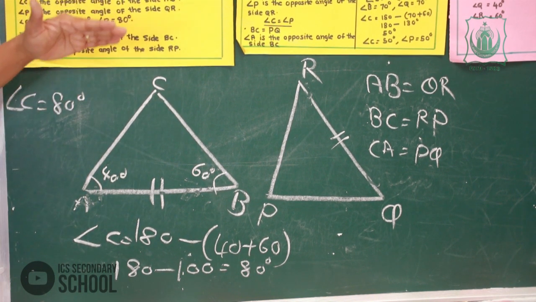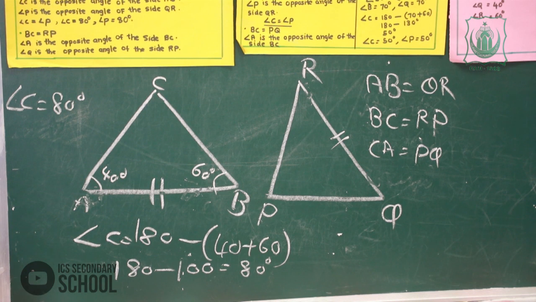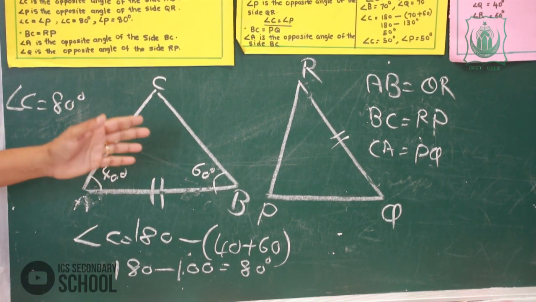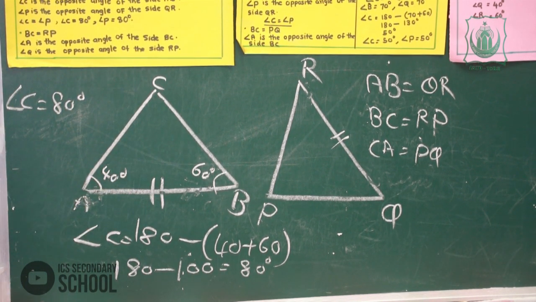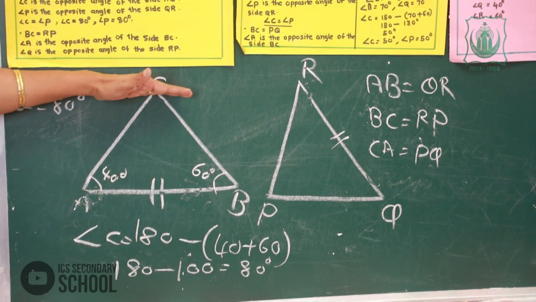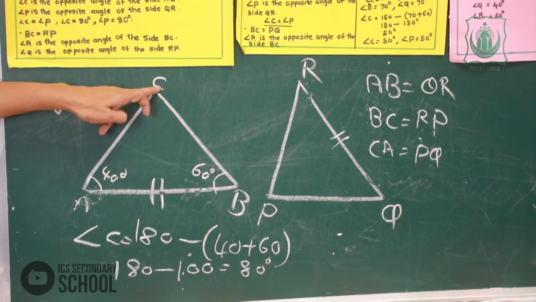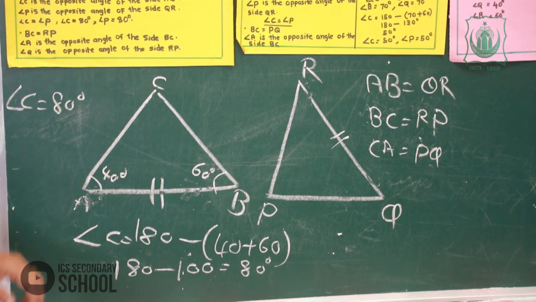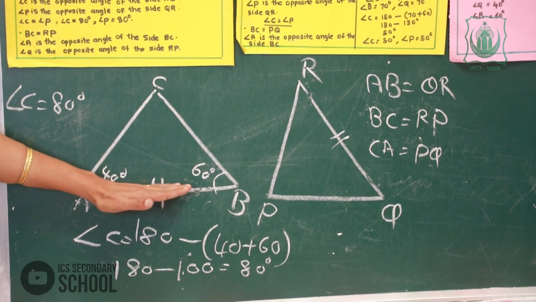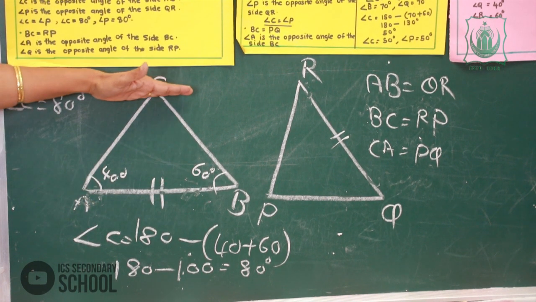Which is the opposite angle of the side AB? Angle C is the opposite angle of the side AB.